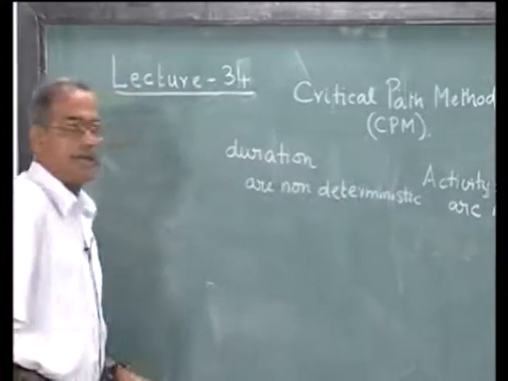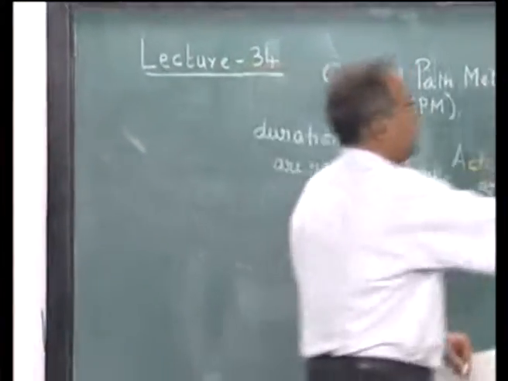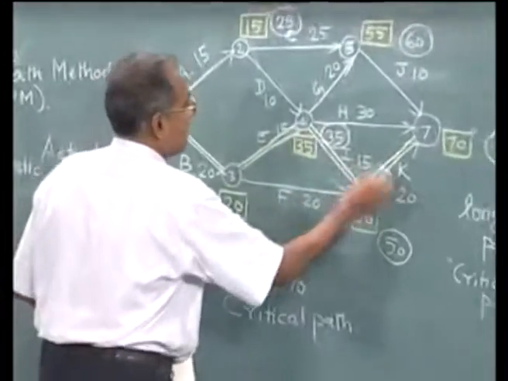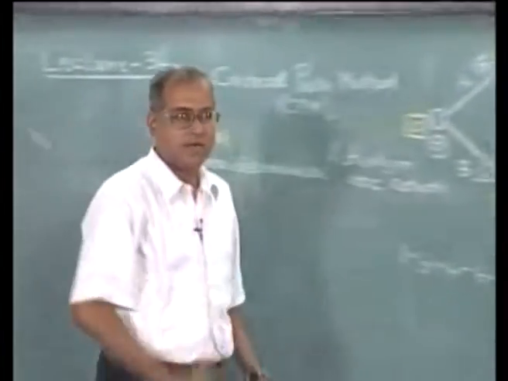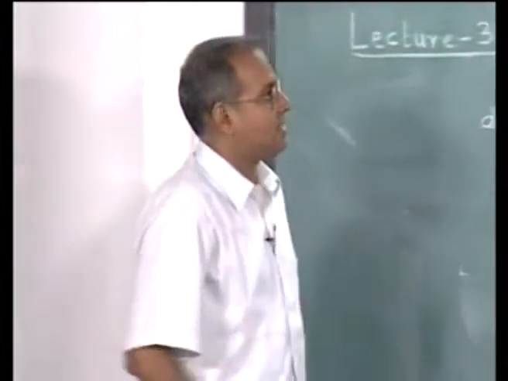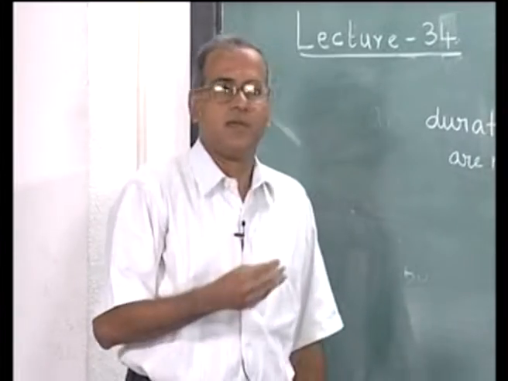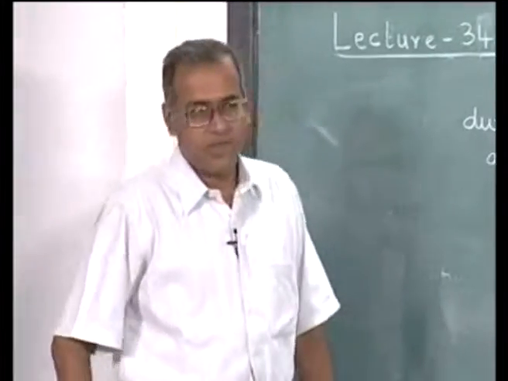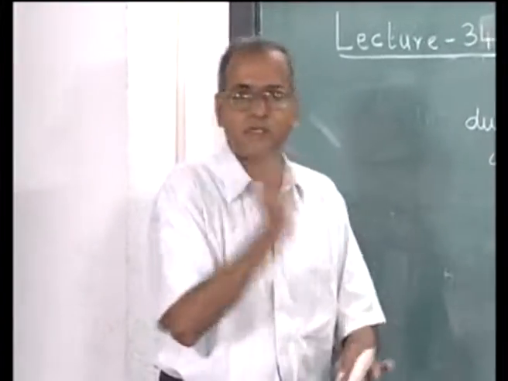When we did the critical path, we assumed that these durations are known and deterministic. There could be situations where these cannot be estimated accurately, so they will follow certain distributions.